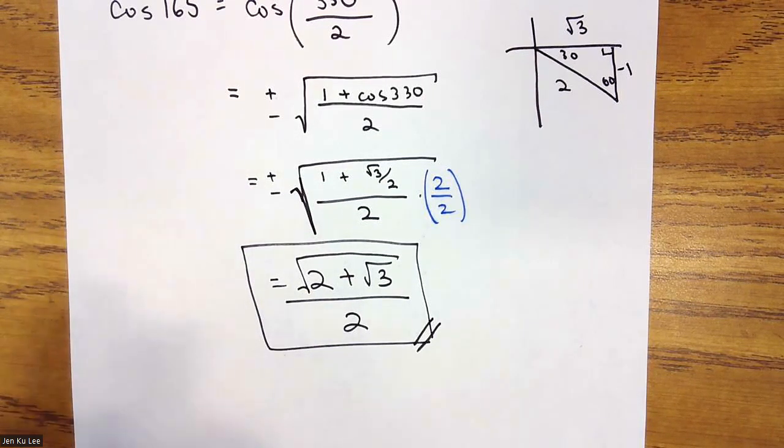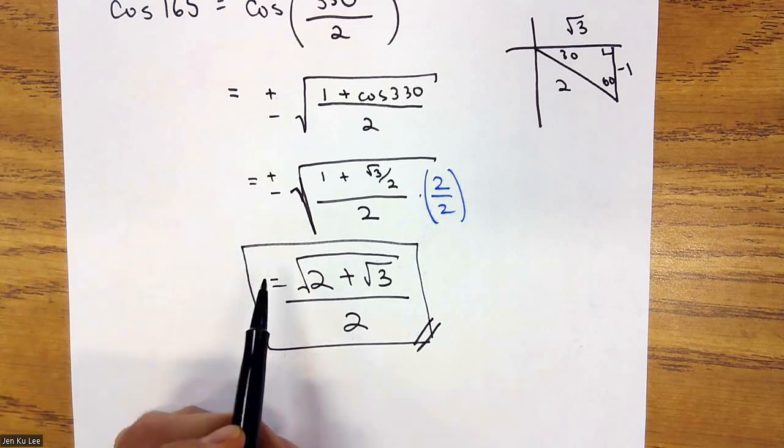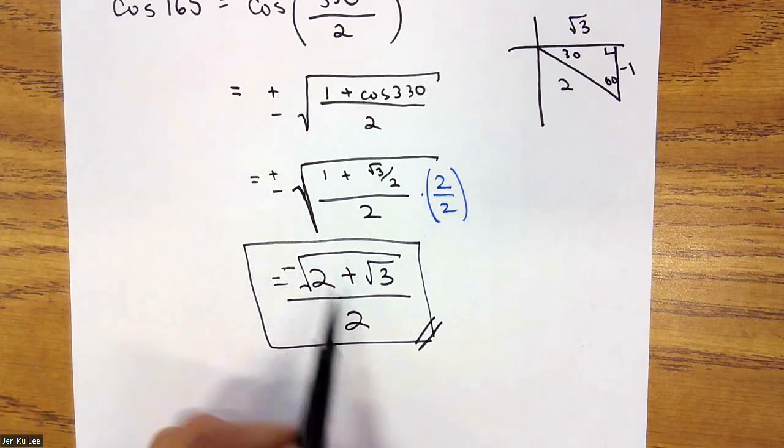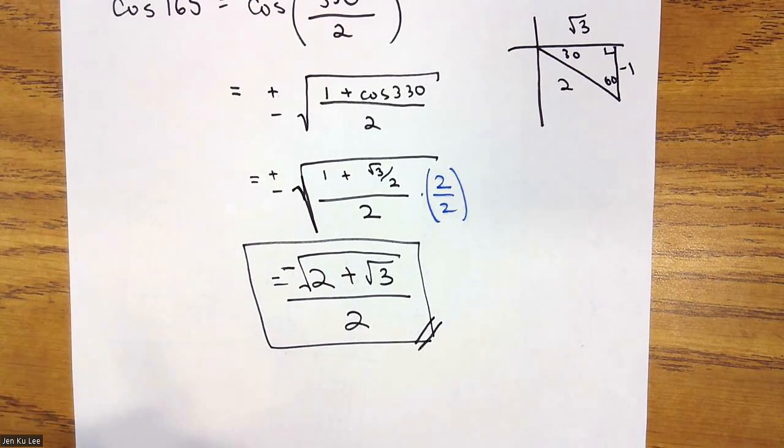So 165 degrees is in my second quadrant, where the cosine of that number would be negative. That's why this value is negative. Okay? So that's how you would use the half angle formula.